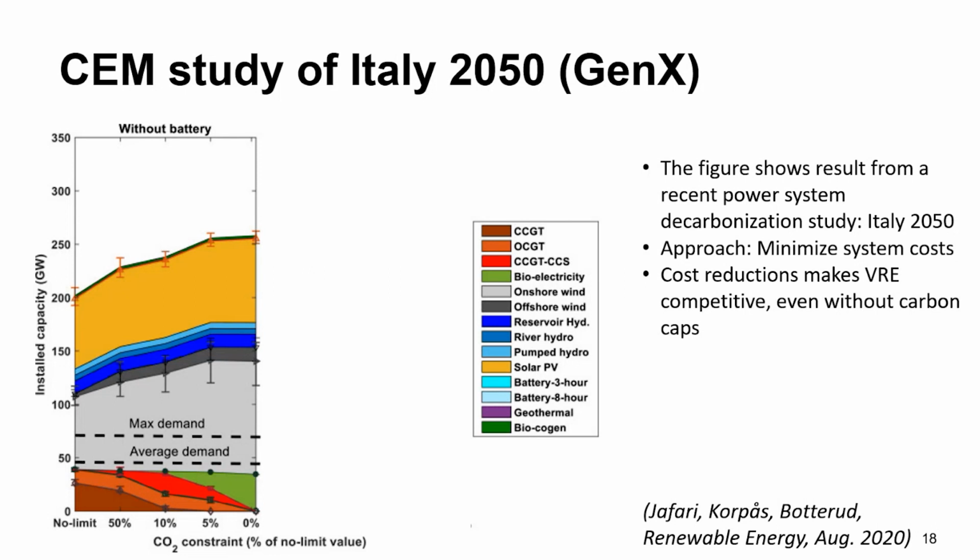So we used the same type of model, but it's a GenX model that many of you, but not all, have heard of. It's another capacity expansion model, just like the one that we just saw an example of. But here, the wind and solar investments are part of the variables.